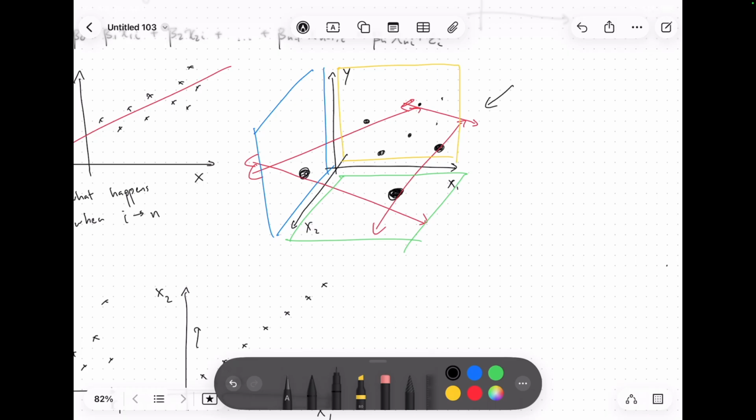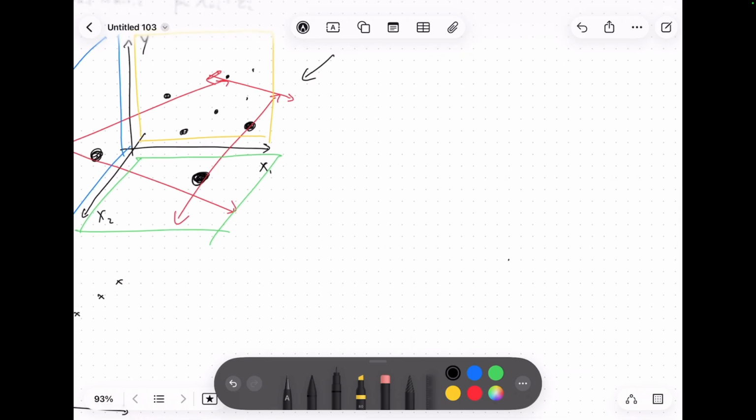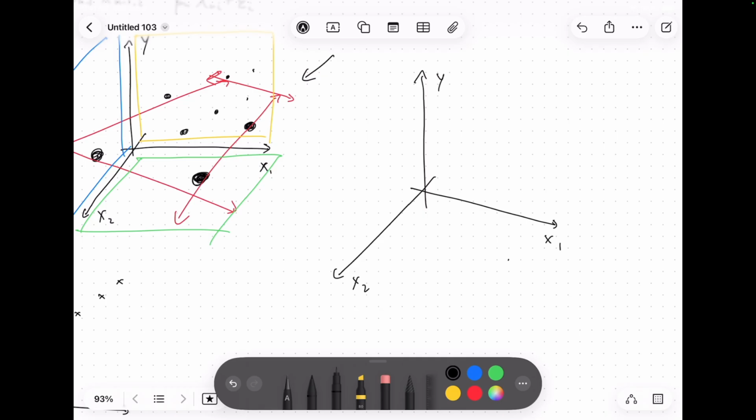Would I know how to draw that here? So that would look something like x1, x2, and y.